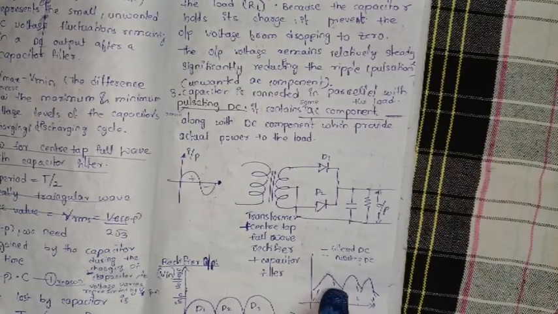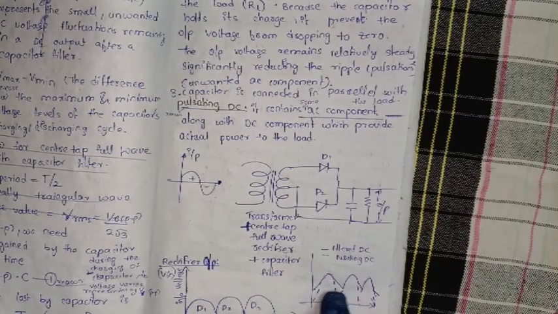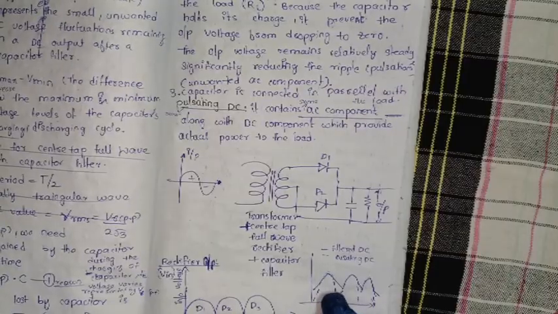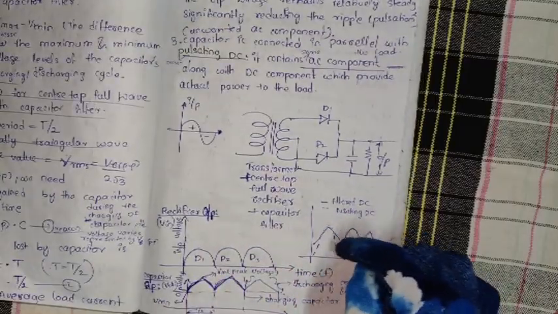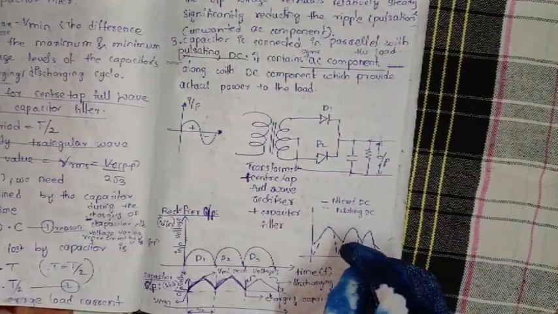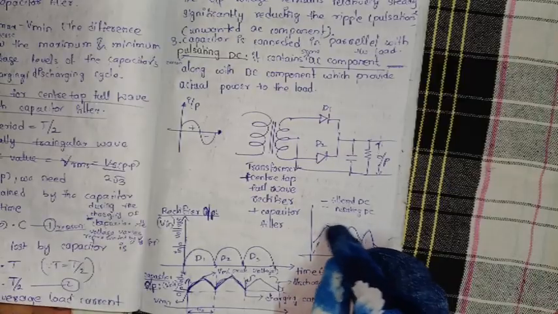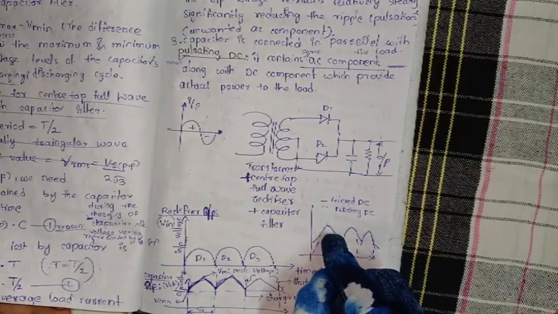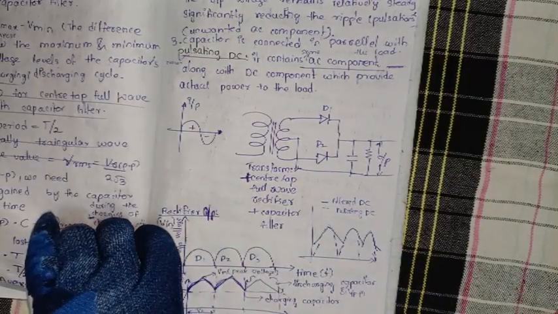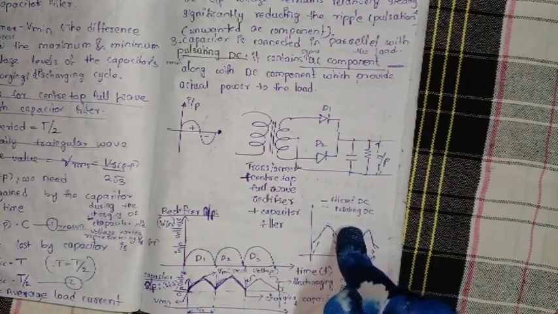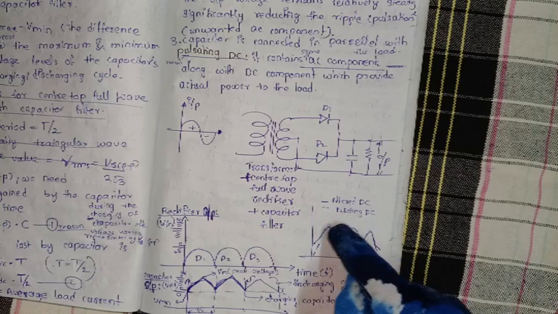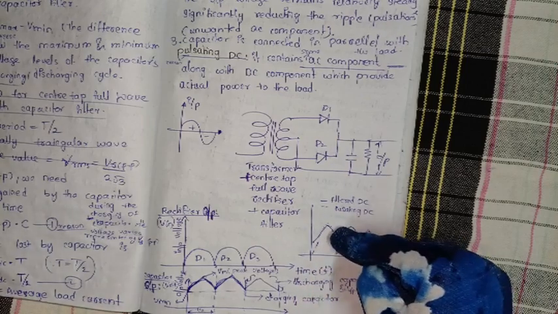Here this is called the gap between two consecutive peaks of the rectifier output.